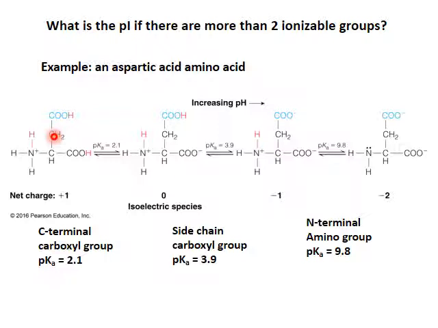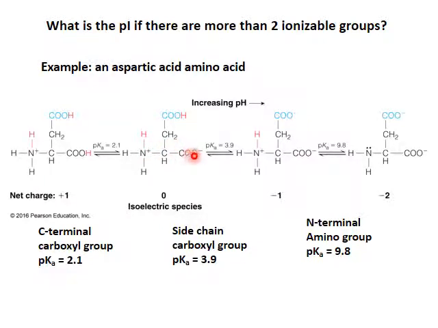If you titrate these, that's indeed what you have. Even though these are 2 carboxylic acid groups, they have different pKa values. The first pKa value is based on titrating the alpha carboxylic acid group. The second pKa is based on the titration of the side chain carboxylic acid group. So how do we know this? Well, the negative charge formed on the carboxylate upon titration is more stabilized at the alpha carboxylate than at the side chain because it's closer to the amino group in terms of bond length.